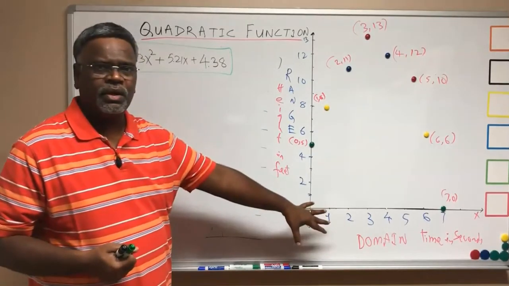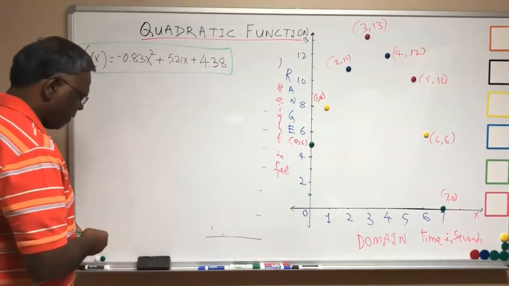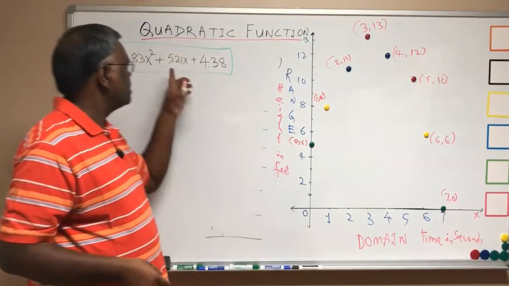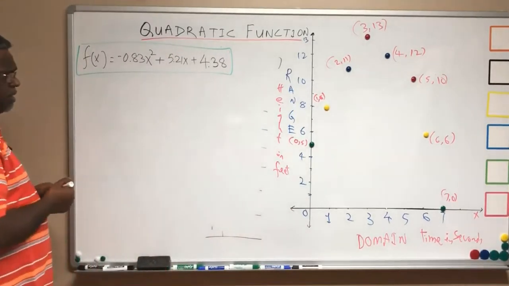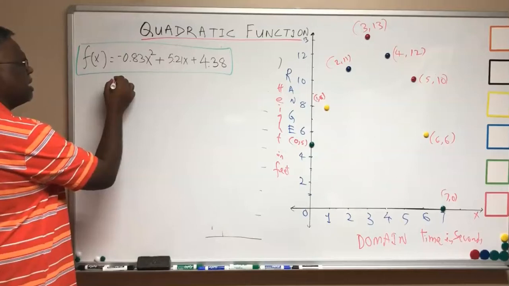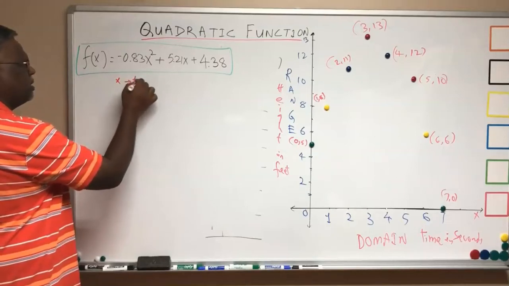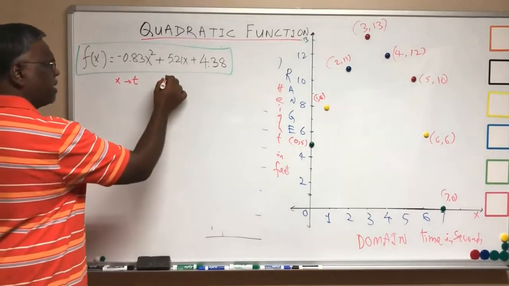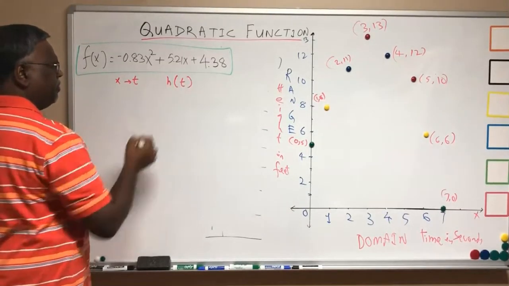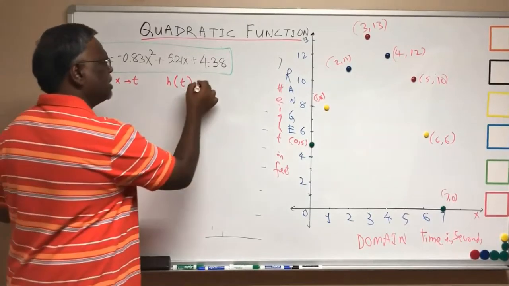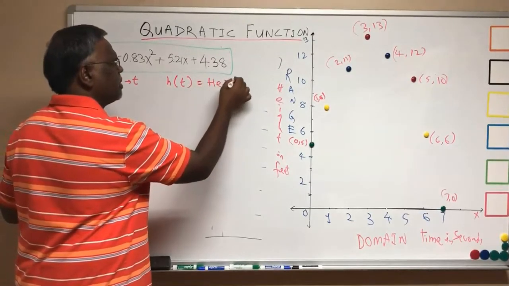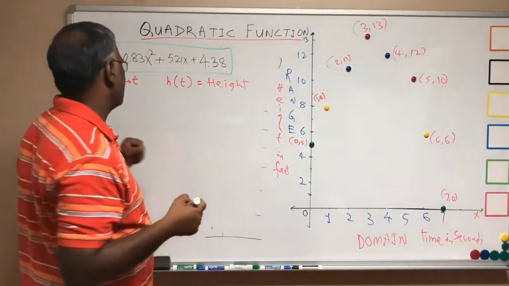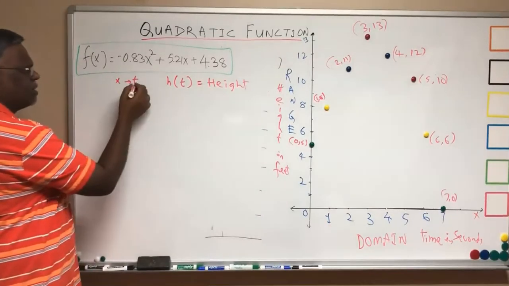So let us use this and try to change it a bit. First thing is the time, right? This x is nothing but the time. So I'll replace this x with a t to make it more friendly to us. And f of x, I'll write as h of t. That is telling me the height at whatever time you have taken. And x is equal to t, that is also the time.